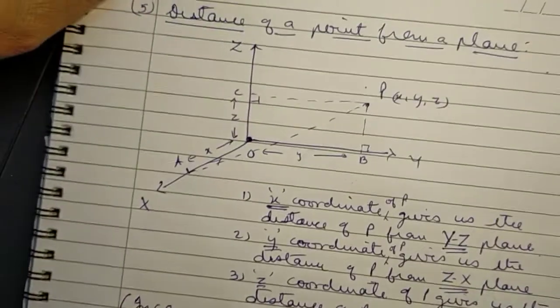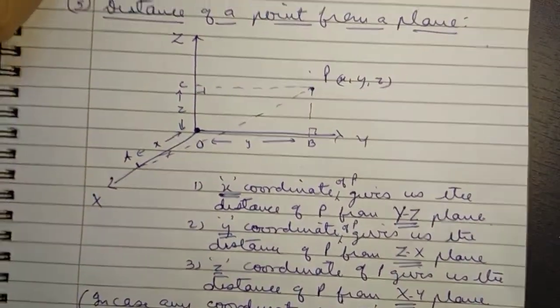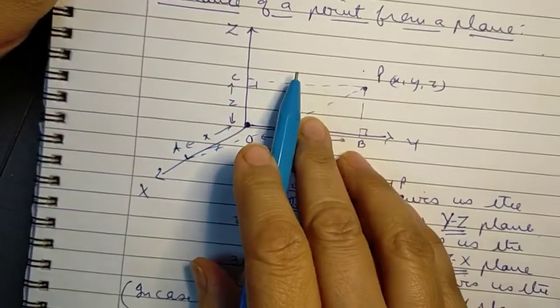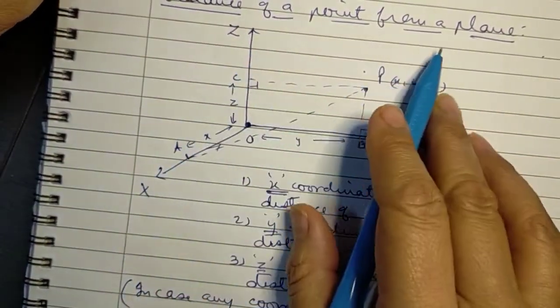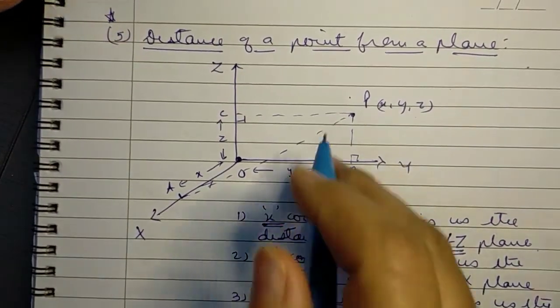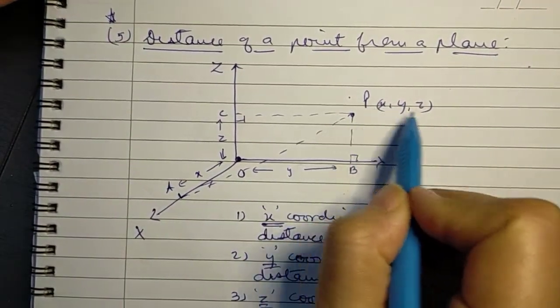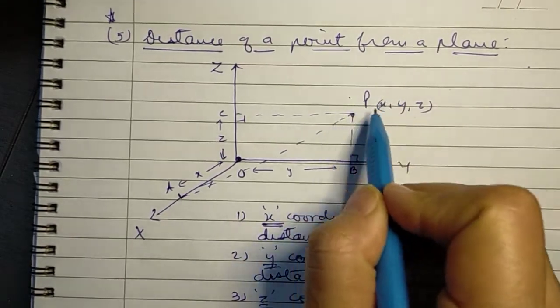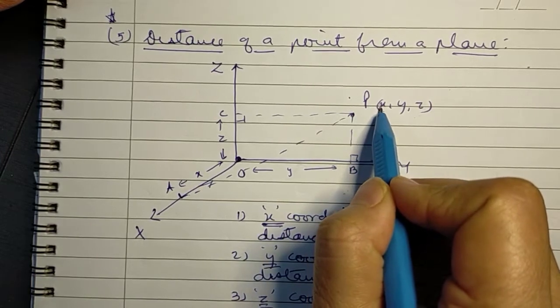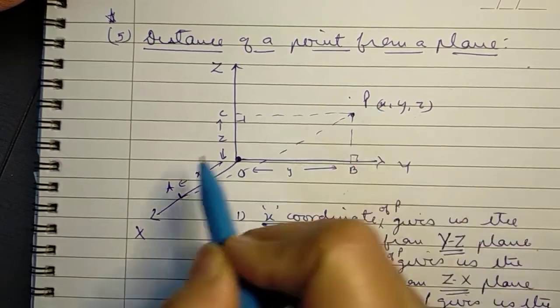Now another category of questions which can be asked, and this is something very, very important, is that you may be asked to find the distance of a point from a plane. Now we know that if you are given any point P(X, Y, Z) in 3D or in space, then the X coordinate is nothing but the intercept.